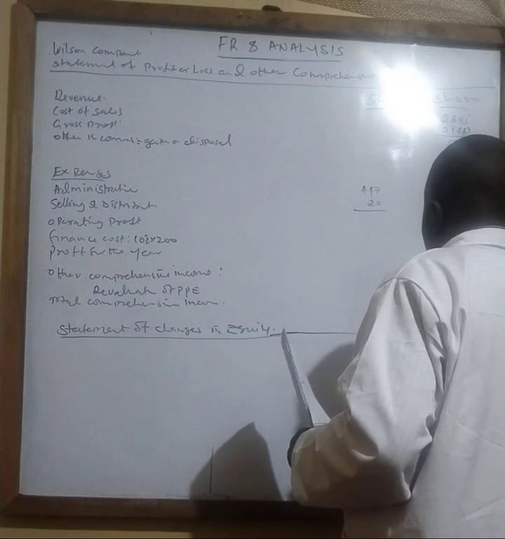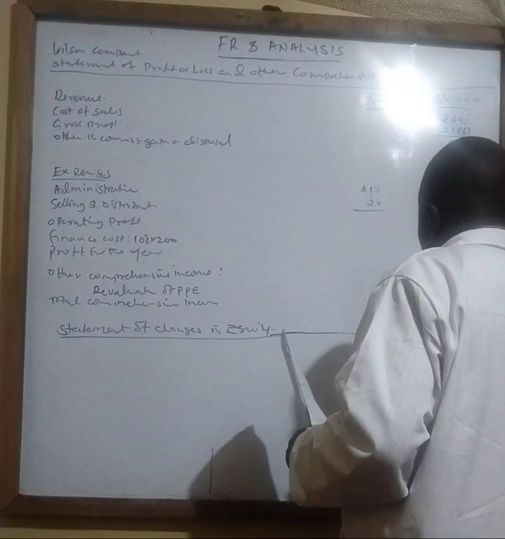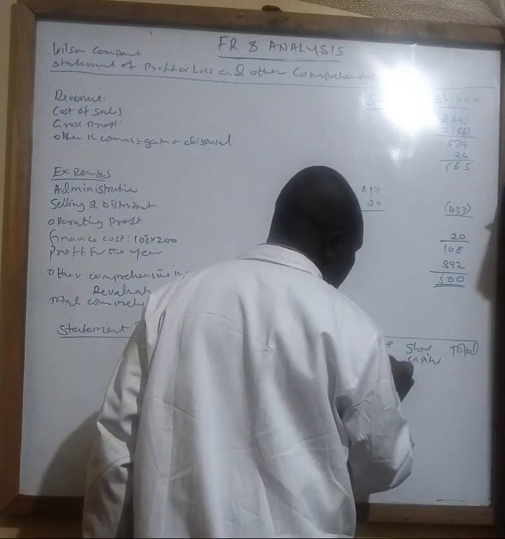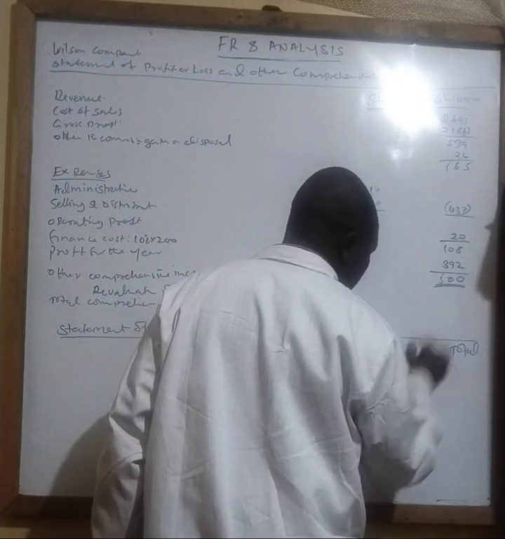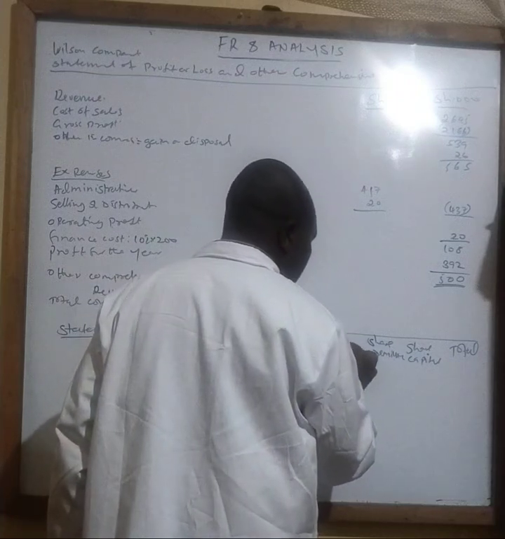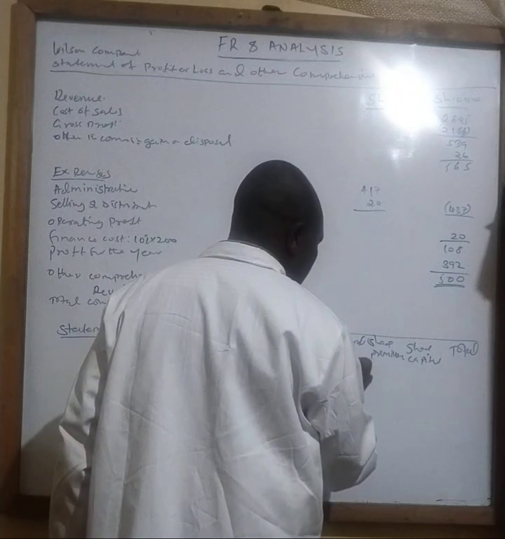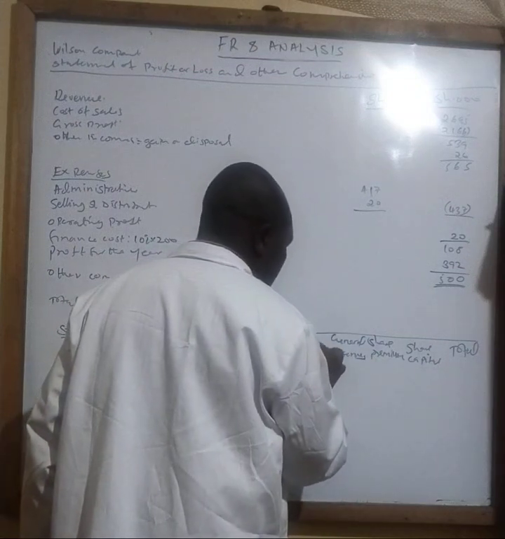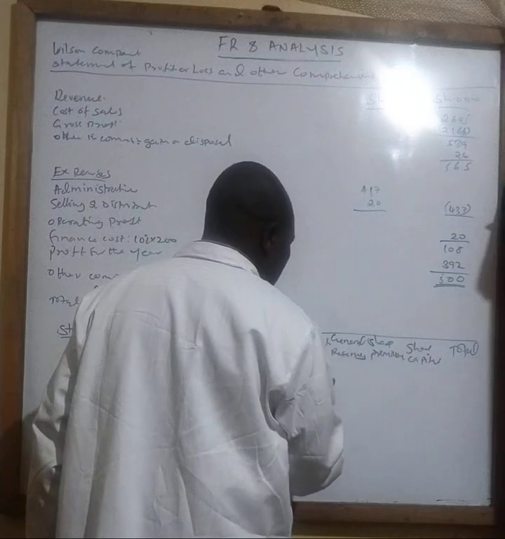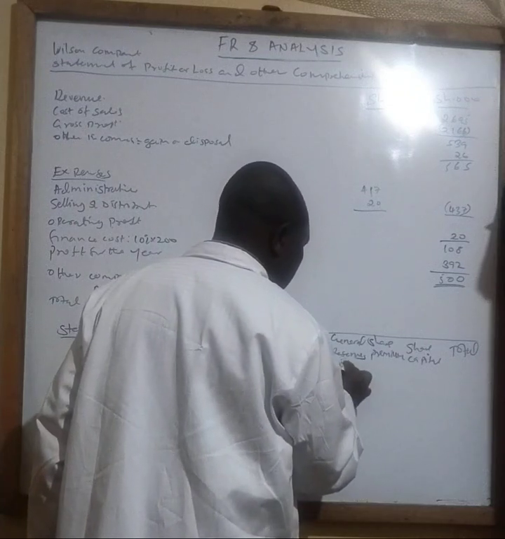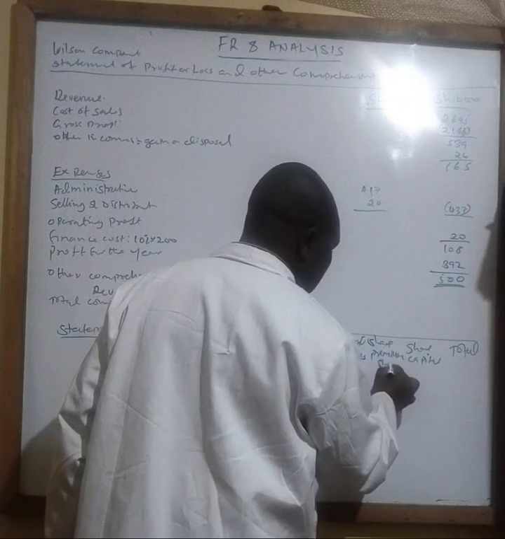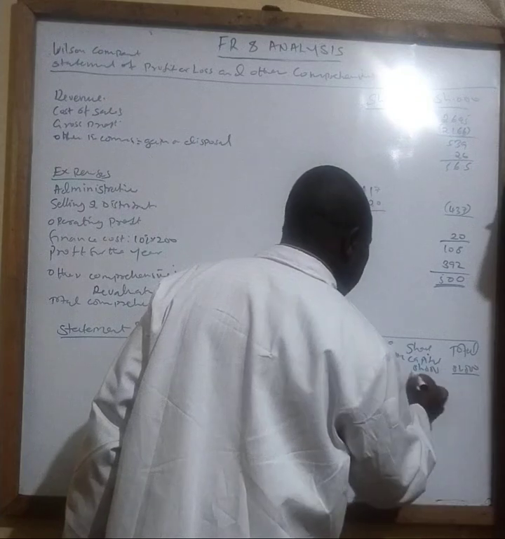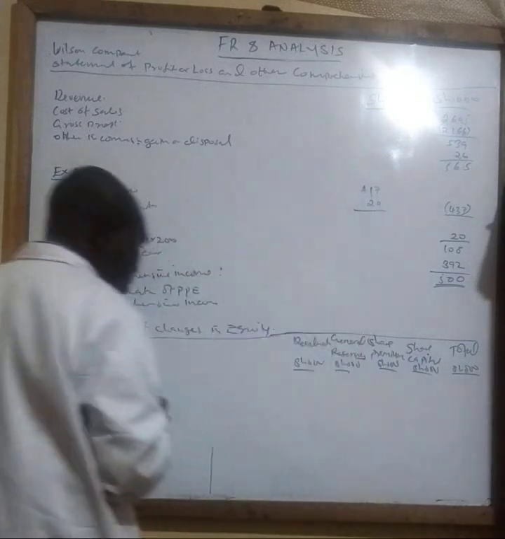We have share capital. Correct? We have share premium. We have general reserves. We have revaluation. So they are in thousands. Now we go one by one.